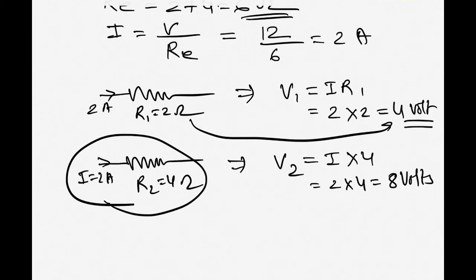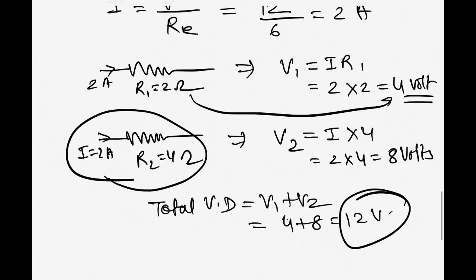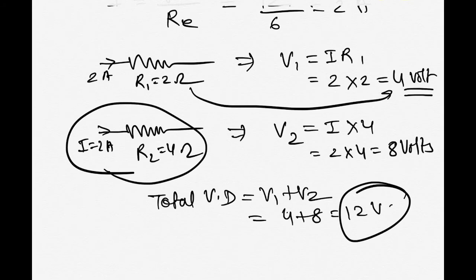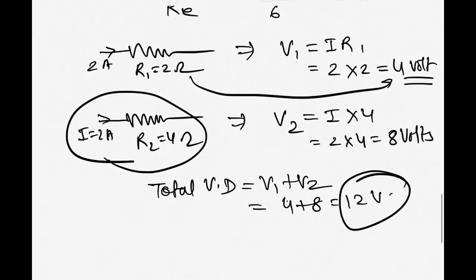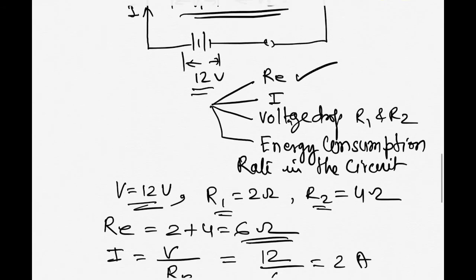Now the total voltage drop equals V1 plus V2, which is 4 plus 8 equal to 12 volt. So the total voltage drop across these two resistors is 12 volt, which is nothing but the voltage of your energy source.